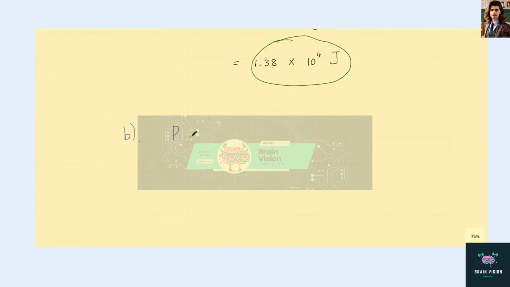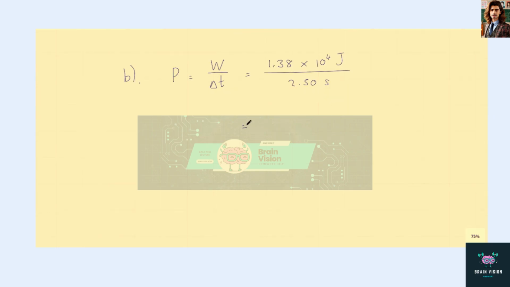The power is the work done per unit time, so W divided by delta T. The work done is the same as the kinetic energy change, 1.38 times 10 to the 4 joules, and this work happens in a time of 2.5 seconds. So the average power output is 5.52 times 10 to the power 3 watts.